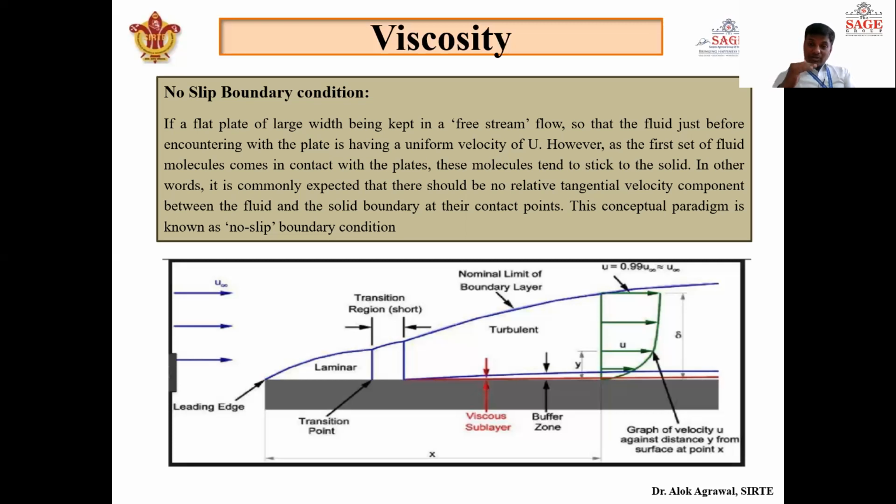It will attain the velocity of the plate and stick to it, and that phenomenon is known as the no slip boundary condition. With this phenomenon, we will study the property viscosity.